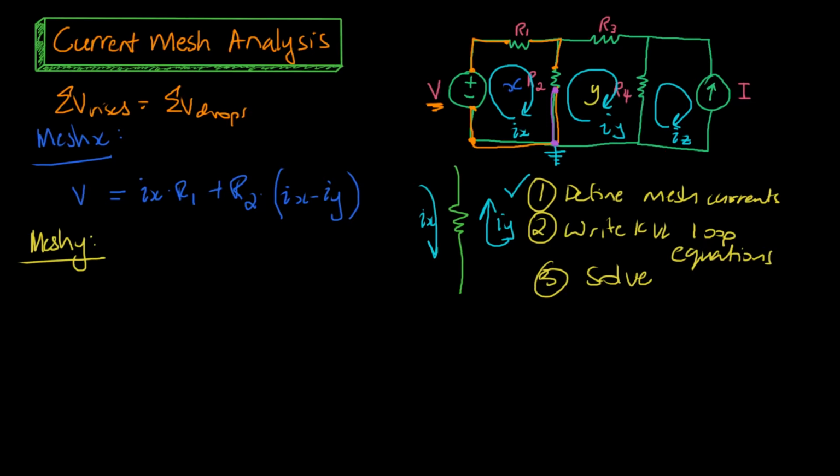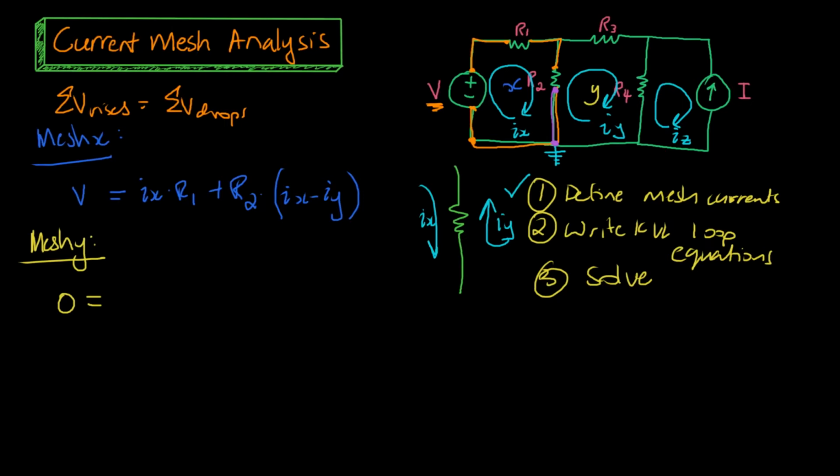So, like I said before, in this second method, resistors are always voltage drops, which means if we take a quick look ahead in this loop, we don't have any battery sources. We only have resistors, which means we're only going to have voltage drops. So when writing our KVL equation, our voltage rise side of the equation is going to be 0. So we have 0 equals our voltage drop over R2 that we encountered first.